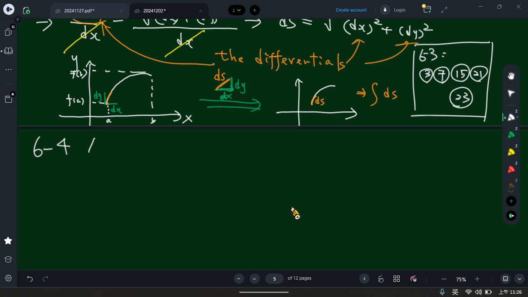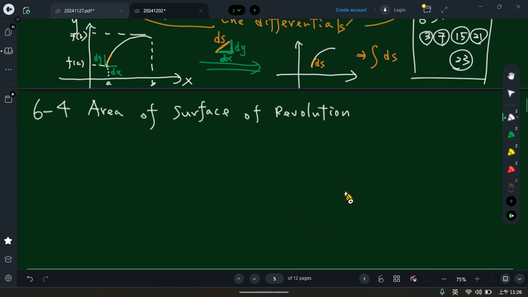So this is the area we are talking about, the area of a surface of revolution. I believe you already know what a revolution is, right? The so-called revolution is I give you a function, and I also give you the axis of revolution.